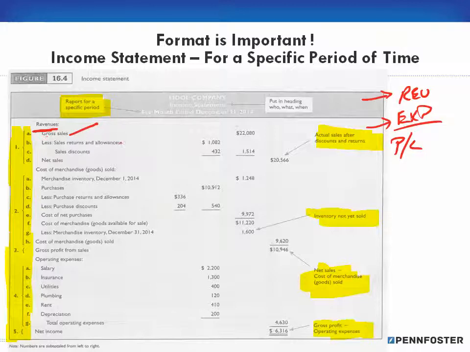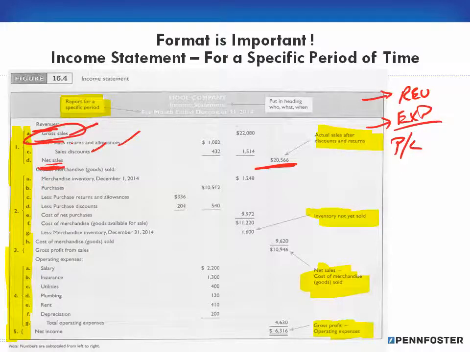Because why? I might want to be able to track returns and allowances. I want to know how much is being returned, if there's a problem, or how much I'm giving away in discounts. So I can create additional accounts, and then I could take the gross sales less the returns and allowances, and our sales discount in order to know what my actual net sales are, as if I only had one account called gross sales.